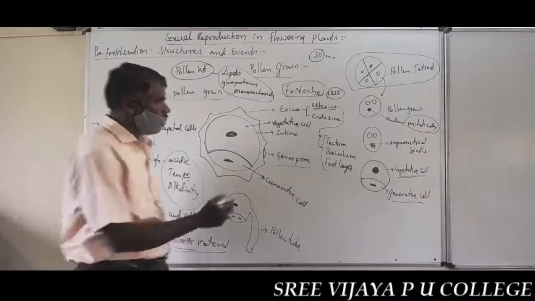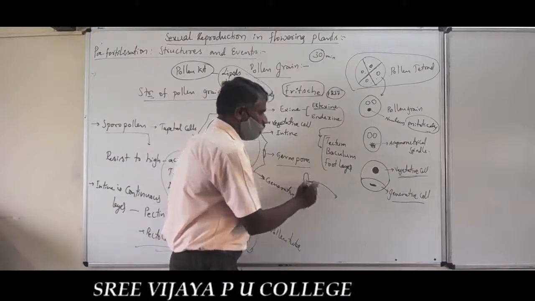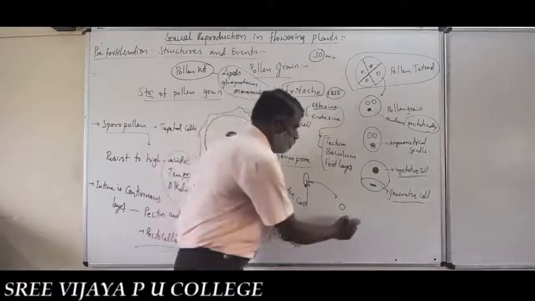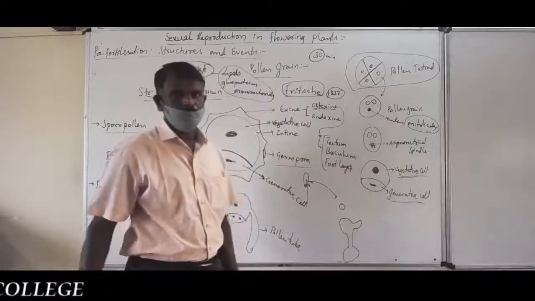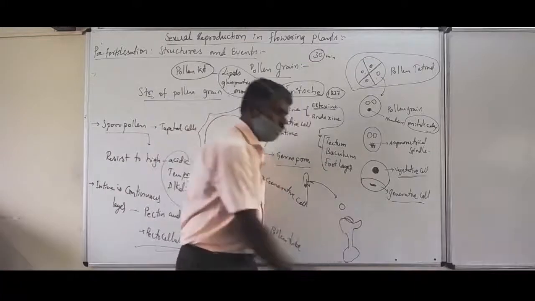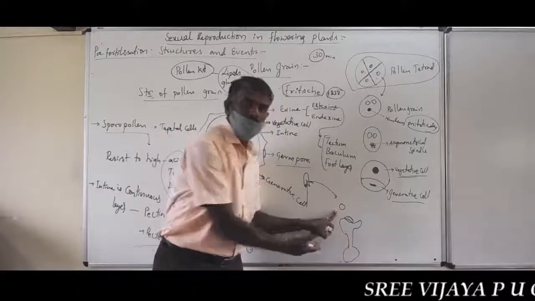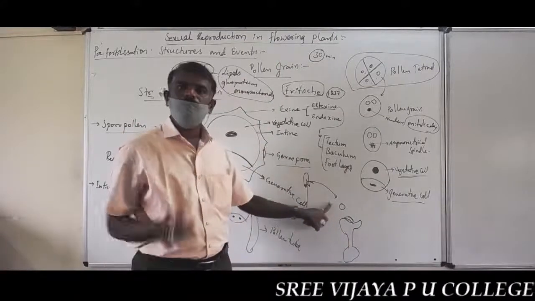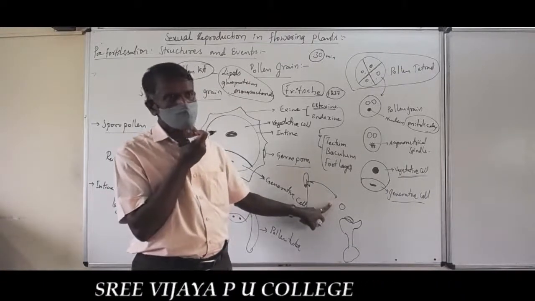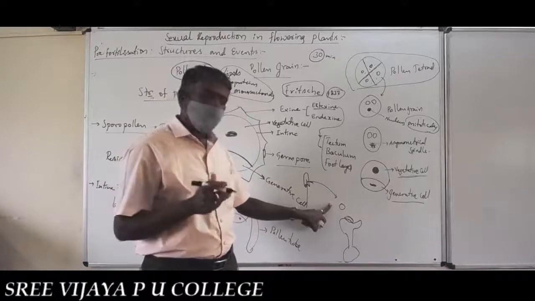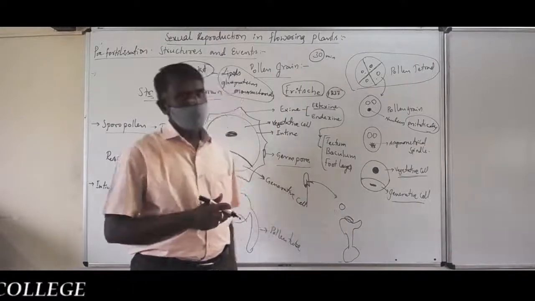This means that after the pollen grain is released from the anther, it must reach the stigmatic surface within 30 minutes. Otherwise, it will not be able to land on the stigmatic surface, the pollen loses its viability, and it does not germinate.